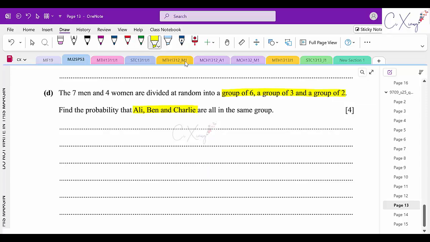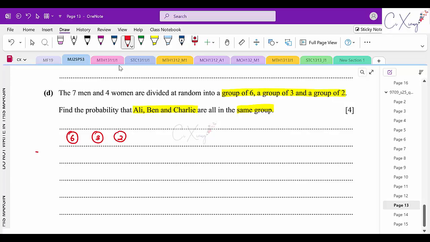Okay, so this is a restriction, same group restriction. Let's think about what are the cases that are possible for 3 of them to be in the same group. Okay, so basically I have 3 types of group: a 6-person group, a 3-person group, and a 2-person group.